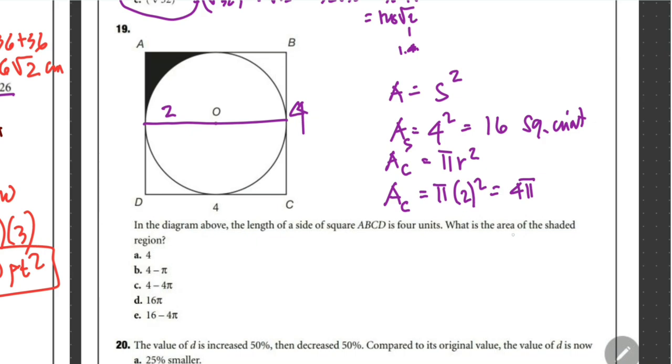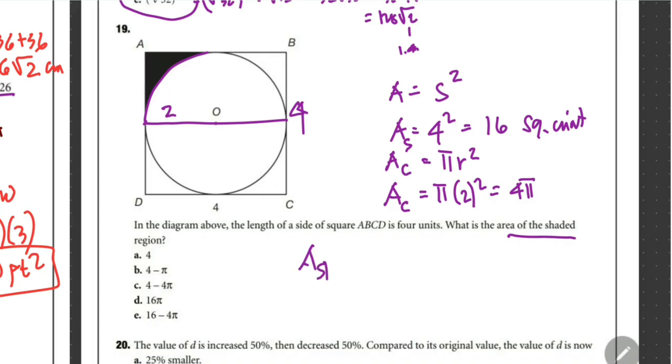Now we're asked for the area of the shaded region. The shaded region here is just 1/4 of the difference between the area of the square minus the area of the circle.